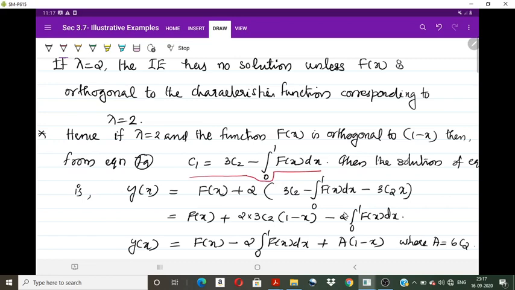So we have y of x is equal to capital F of x plus 2 into (3c2 minus integral 0 to 1 F of x dx) minus 3c2 x.